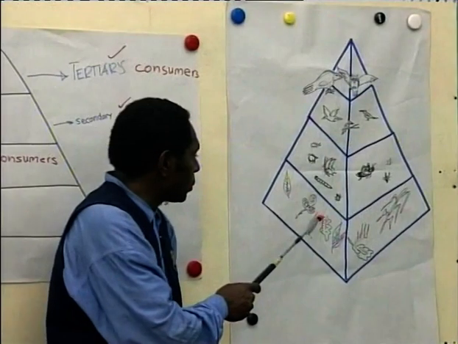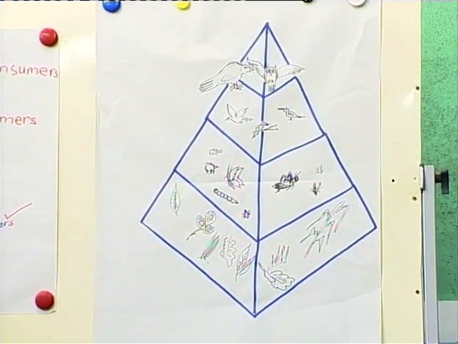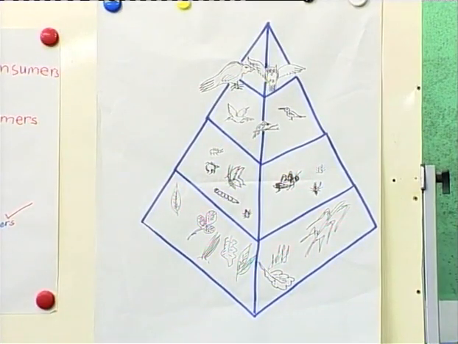Use the names of those things that you can see and place them under that. The first one, name 2 examples of first consumers on the pyramid of biomass that is on the wall or in your books.